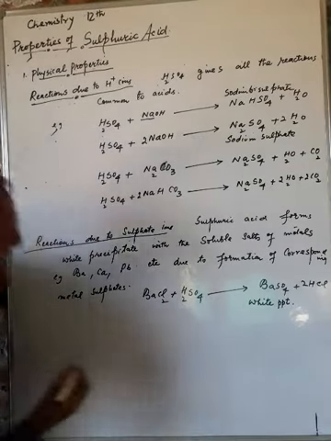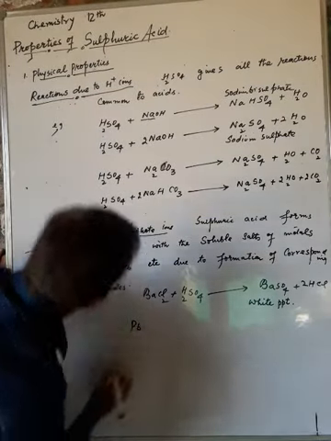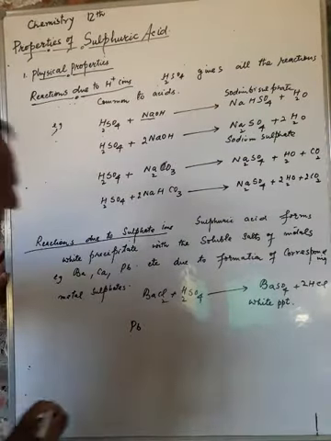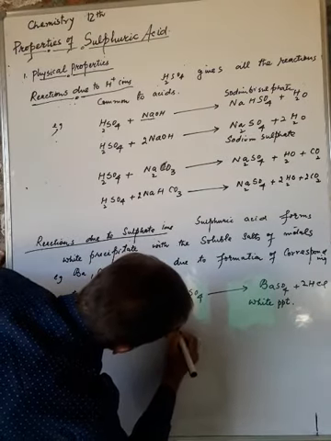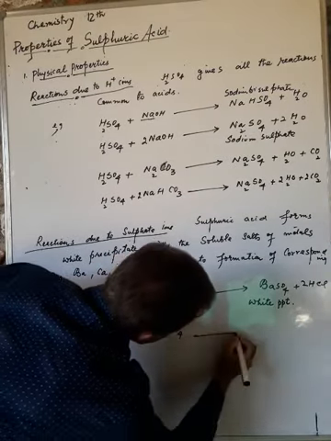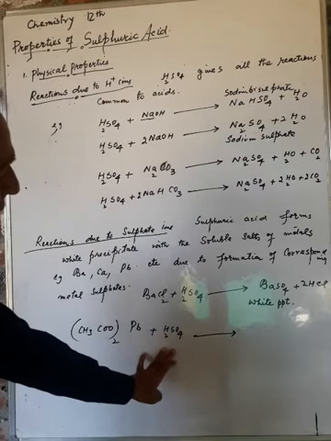Similarly, if we take lead acetate, (CH3COO)2Pb, and allow it to react with H2SO4, this soluble salt of lead reacts with sulfuric acid and forms lead sulfate.